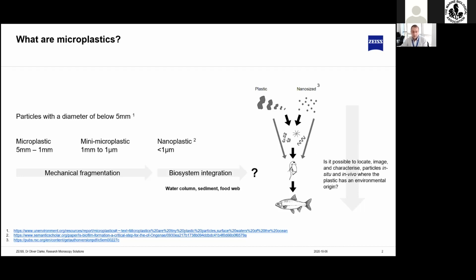The big question is, to what extent are those nanoplastics being integrated into the ecosystems, and specifically individual biosystems within organisms and the food web, the sediment, and also in the water column itself? And I suppose one of the key questions is, is it possible for us to characterize and understand some of these processes using imaging in a joined up way?